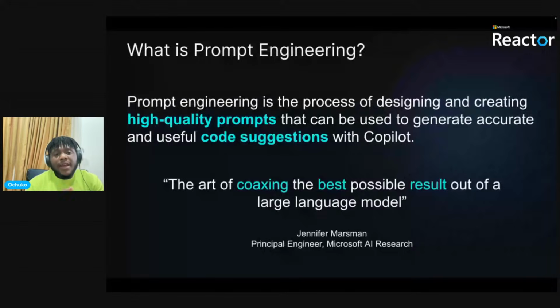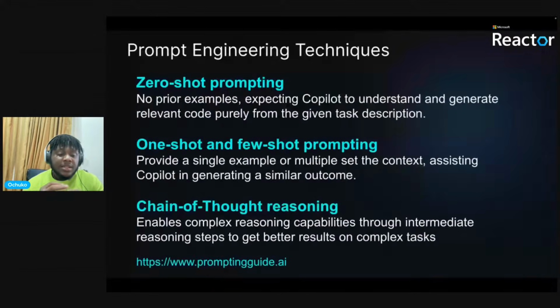There are different prompt engineering techniques. One of them is zero-shot prompting. We also have one-shot prompting, which you can also call few-shot prompting. We have chain-of-thought reasoning as well. Zero-shot prompting is where you tell Copilot to do something without giving it any examples or context, aside from just being in your IDE.